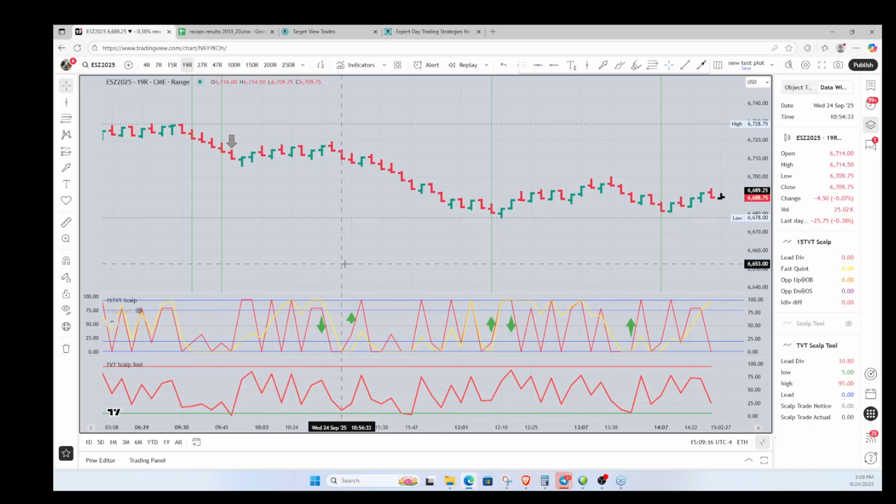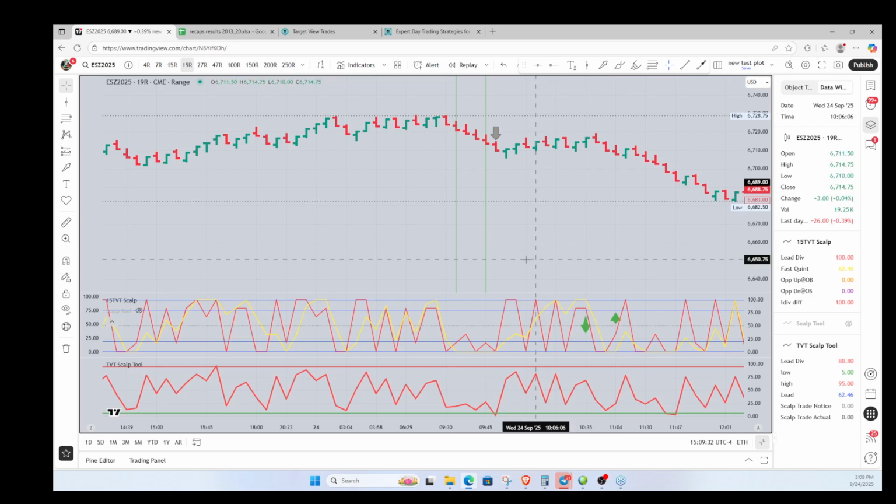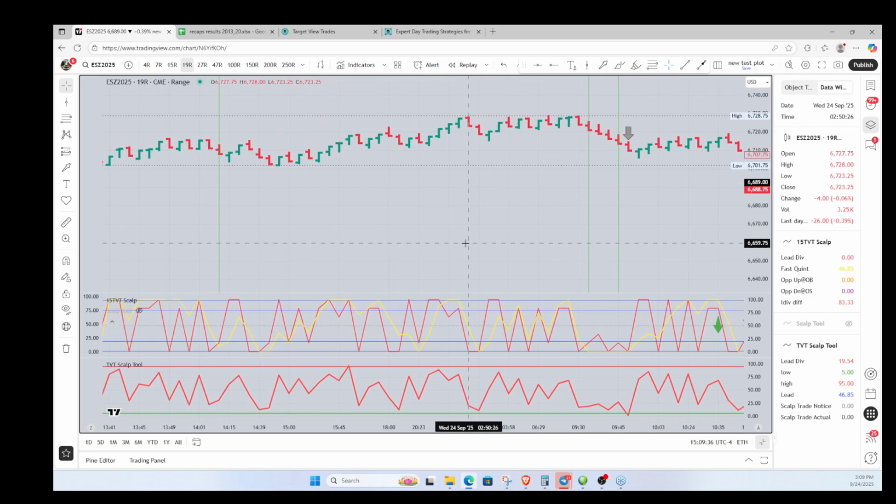I'd love to do that, but it's easy in hindsight to look at that and see that. What you don't see is when it's like this, you would buy the open to the next bar. That one actually worked out. But like this, you'd sell the open to the next bar, and that didn't work out so well.